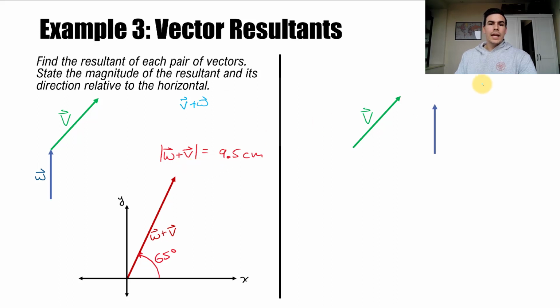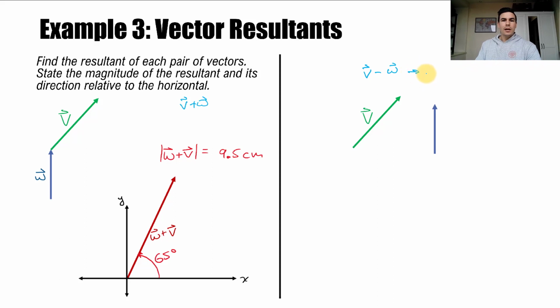Now over here, I want to take a look at vector v minus w. When we do that, I want you to think of it as vector v plus the opposite of vector w. Oh sorry, I forgot to put our final answer here for this one.